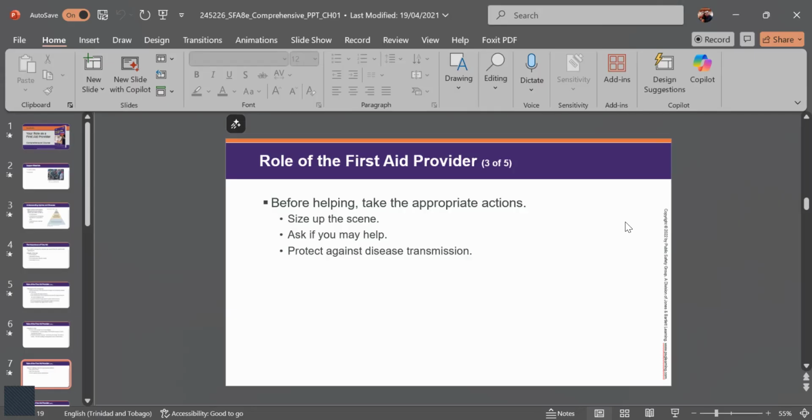What are these clues? We're looking for information on what resulted in the patient being in this situation.